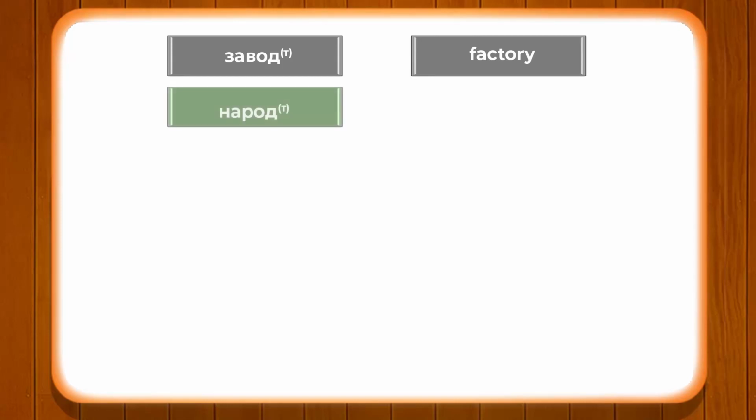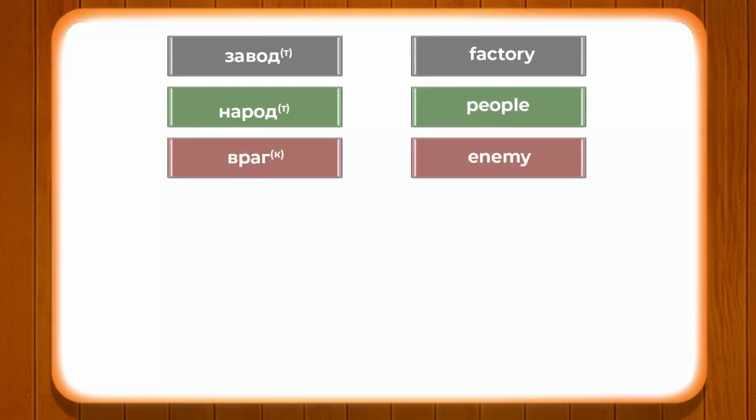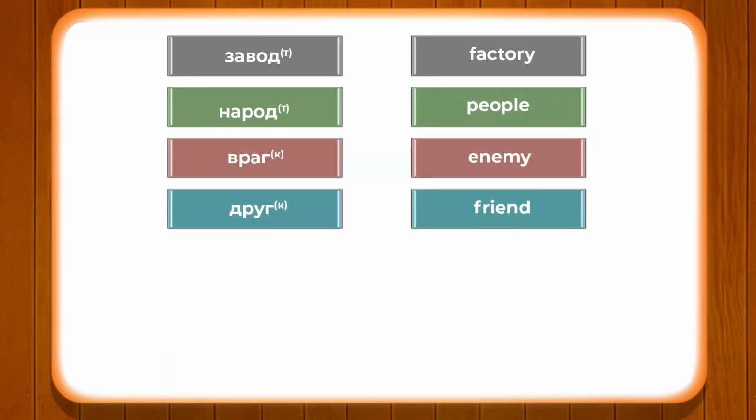All right. Here we have a few more such examples of voicing and devoicing. Here we have de changing into te in the first example, zavod. Zavod means factory. Then again de is changing into te, narod means people. Vrag, here you will see that ge is changing into ke. Vrag, the sound is of ke at the end.